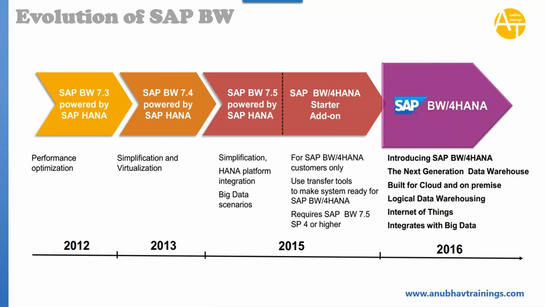Then in 2013, they introduced SAP BW 7.4, again powered by HANA, where you can run this BW system on Oracle, MySQL, SQL Server, MaxDB, but also on HANA. So HANA was just one of the options to run your BW system on.